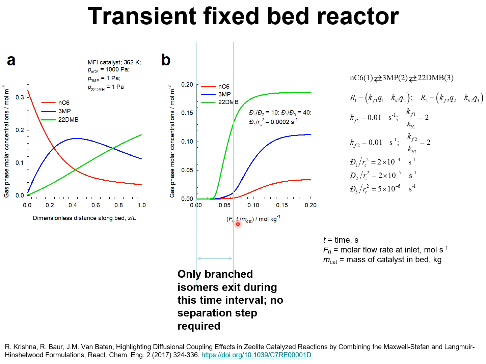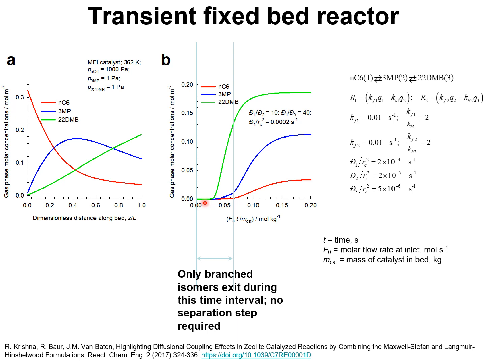So instead of plotting the time, I plot the parameter F0 that represents the molar flow rate at the inlet to the reactor in moles per second times the time in seconds divided by the mass of the catalyst in kilograms. So the x-axis has the units of moles per kilogram.